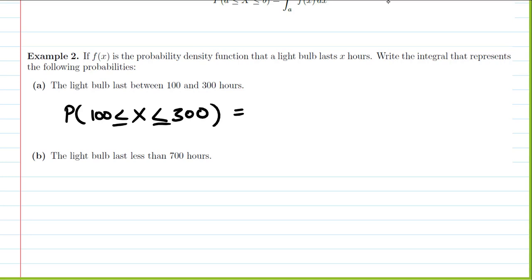So then these are going to be our limits of integration. So we would integrate from 100 to 300 of f of x dx. And that would be the probability that the light bulb lasted between 100 and 300 hours.